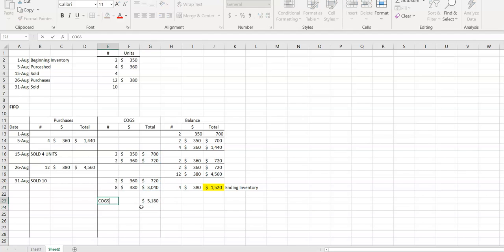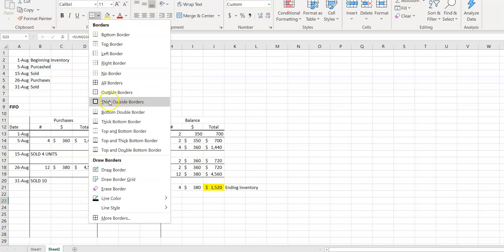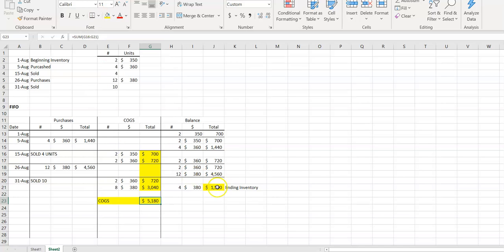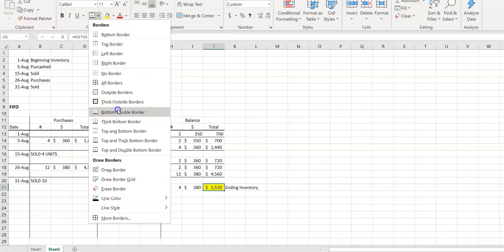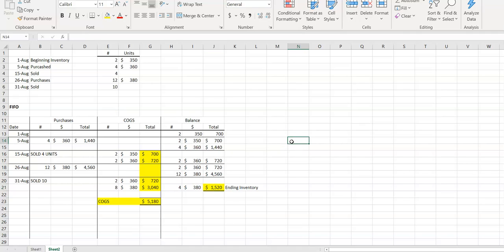That is my cost of goods sold. Okay? So that's FIFO, first in, first out.